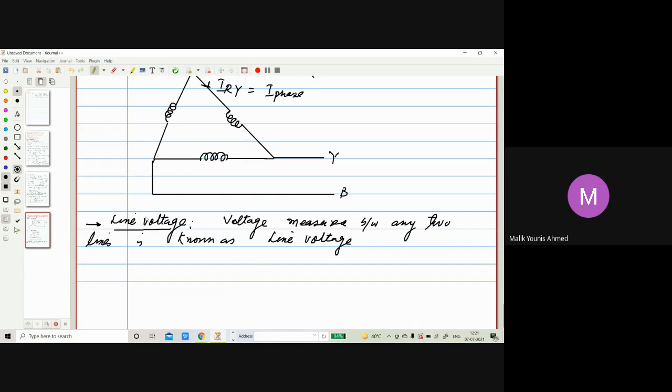Okay, so second is phase voltage. Phase voltage is basically what?